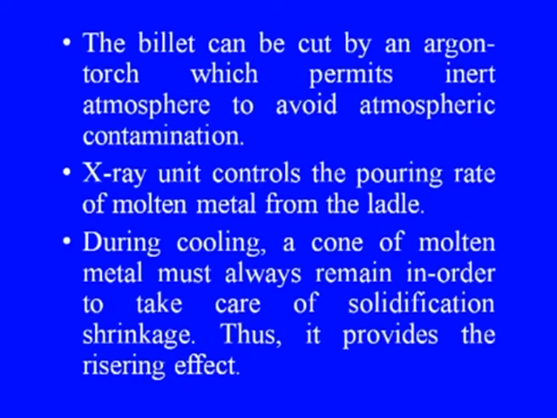The X-ray unit controls the pouring rate of molten metal from the ladle. During cooling, a cone of molten metal must always remain in order to take care of solidification shrinkage. Thus, it provides the risering effect.